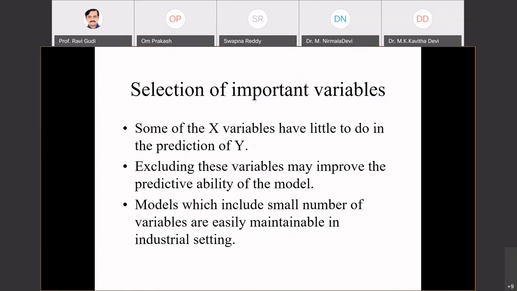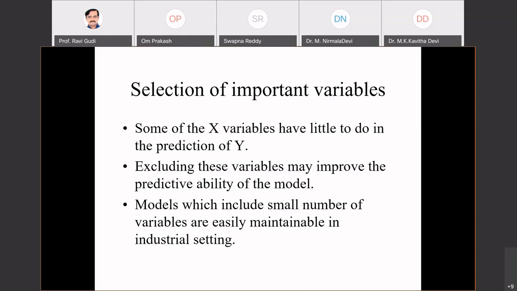Likewise, if you're looking at Y, only a small fraction of X can be actually useful in predicting Y, then what do you do, and so on. So that's something that comes under how do you select the most influential variables, the important variables, and the like.